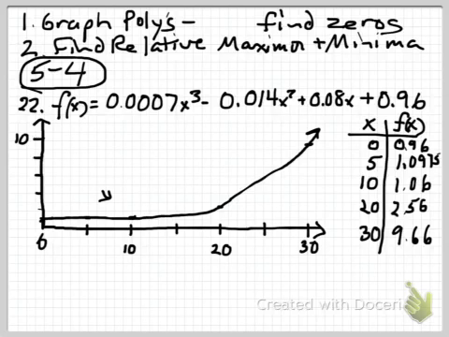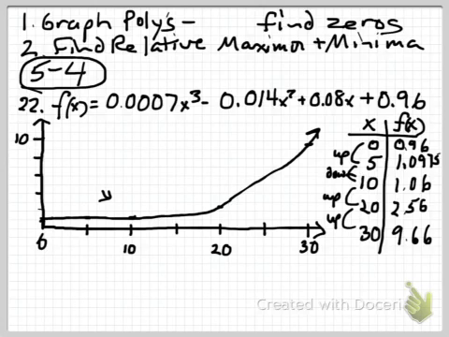So what else do I know? 22 asks me to graph it and then describe the turning points and its end behavior. So what I see is from here to here it's going up, and then from here to here it goes down, and then here to here it's up again and still up. And for a cubic I think that's enough.